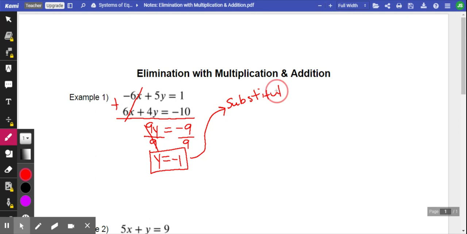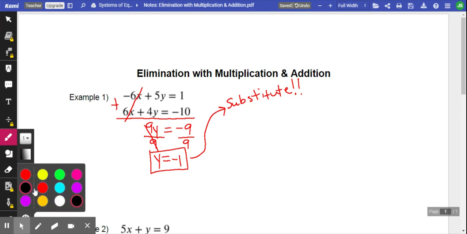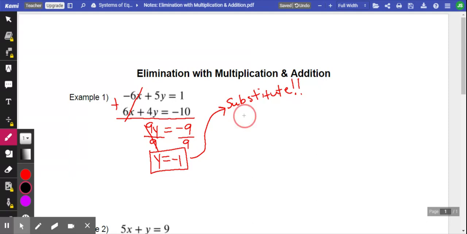We've got to take one of our equations up top, and it really doesn't matter which one you pick. They're both going to take about the same number of steps. Because it doesn't look like there's much of a difference here, I'm going to take my top equation and copy it down: negative 6x plus 5y is equal to 1.